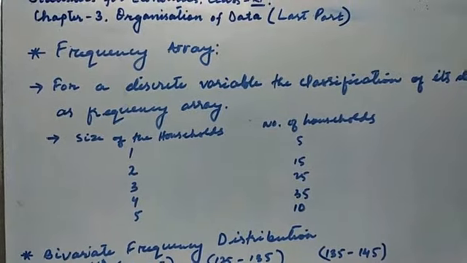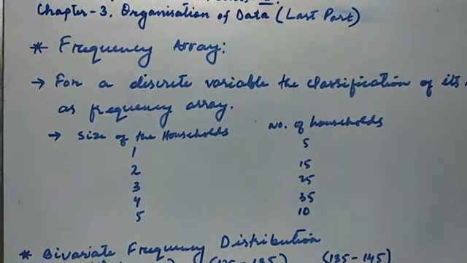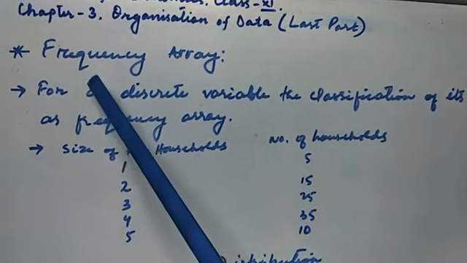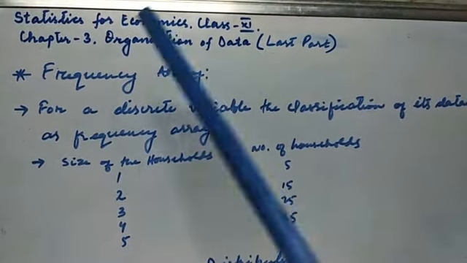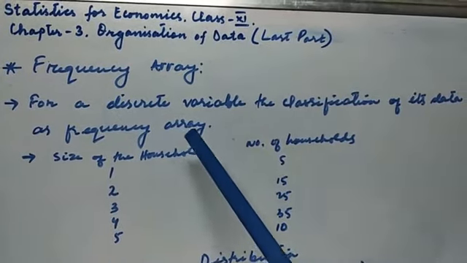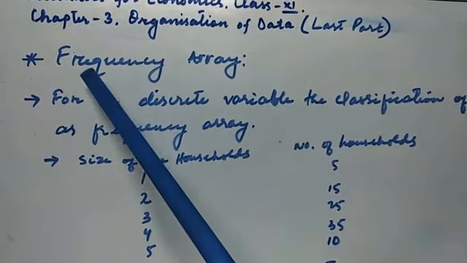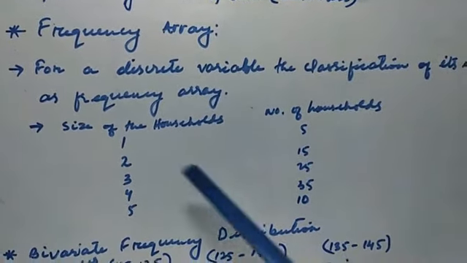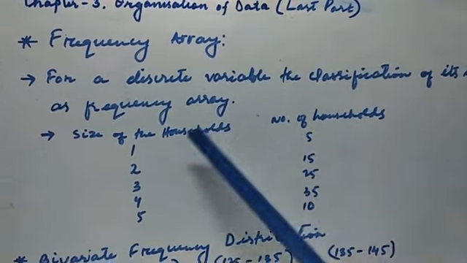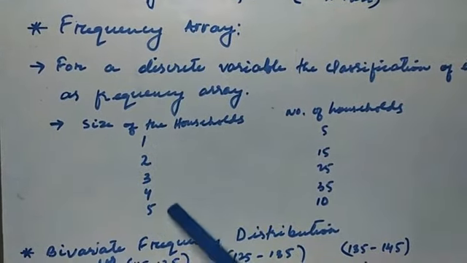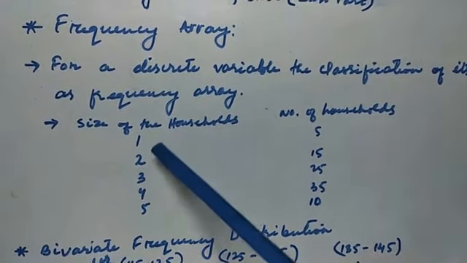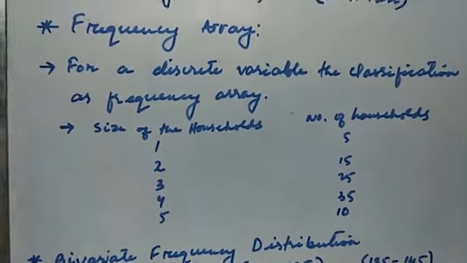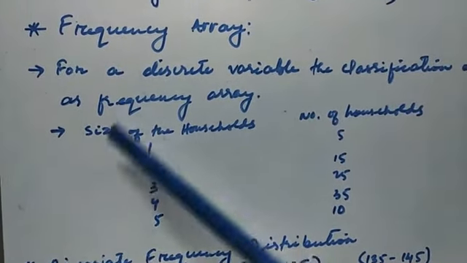For a discrete variable, the classification of data is known as a frequency array. This is an example of a frequency array. The class is a whole number. It takes only certain definite values.